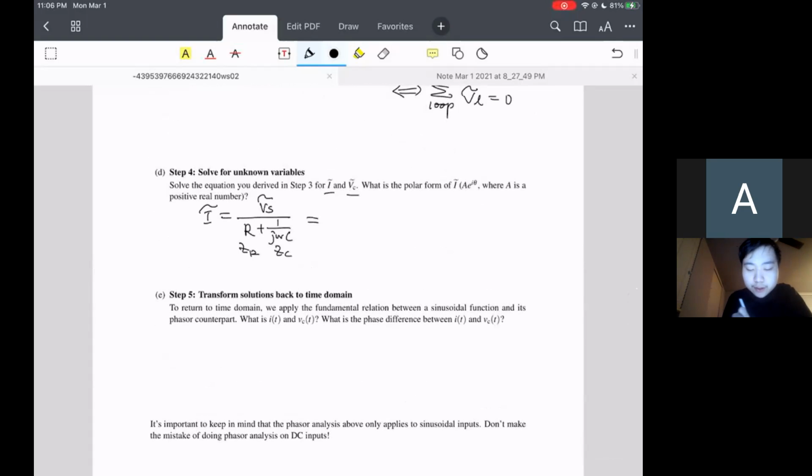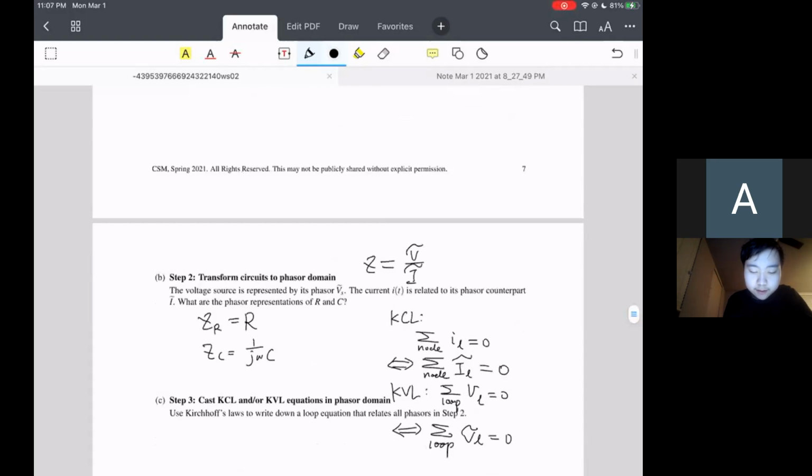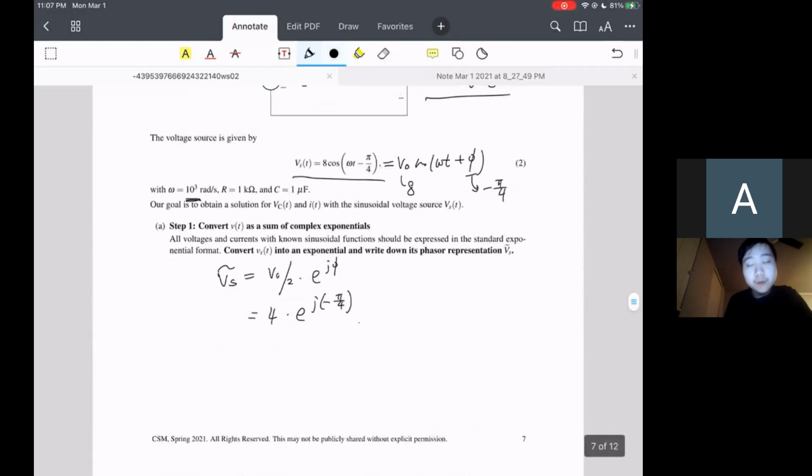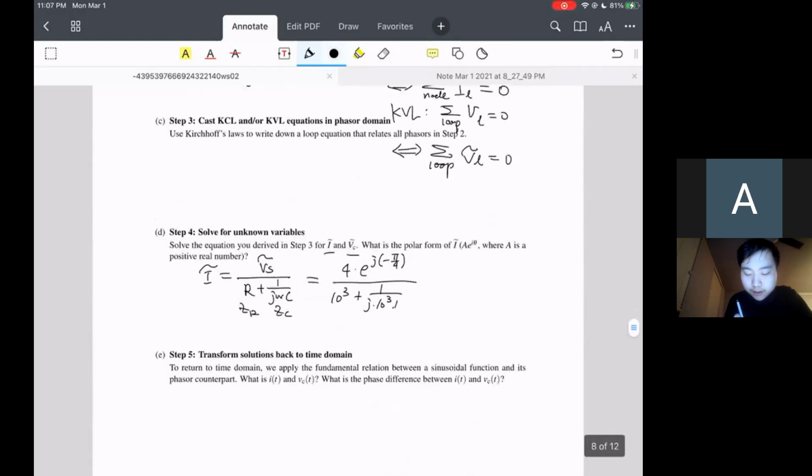And Vs tilde, we know it's 4 times e to the j times negative pi over 4, over R, which is 1 kiloohm plus 1 over j times, since the frequency again is 10 to the third, and the capacitance is 1 microfarad, so that's 10 to the negative 6.